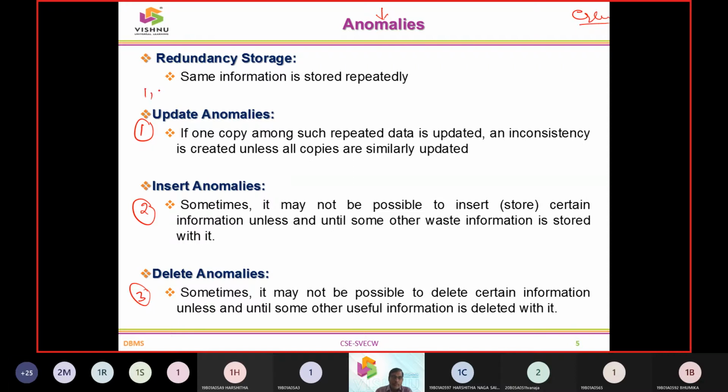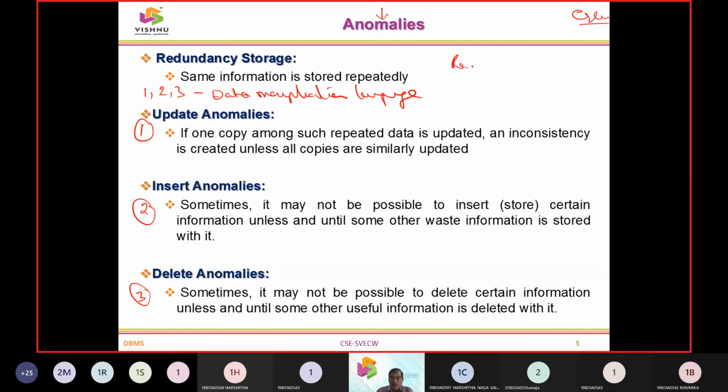Update, insert, delete fall under the data manipulation language. Those errors, anomalies, need to be fixed.